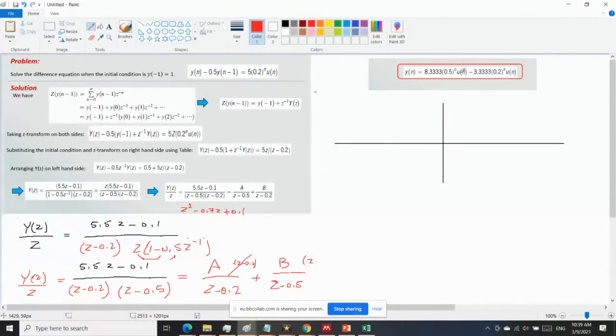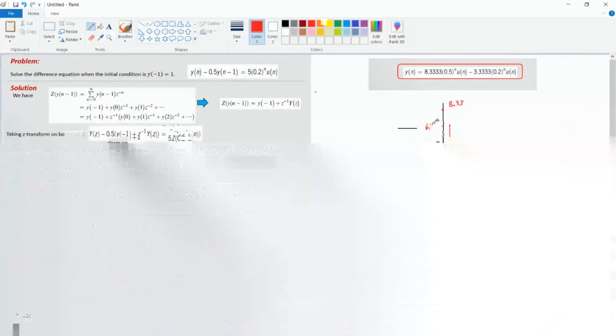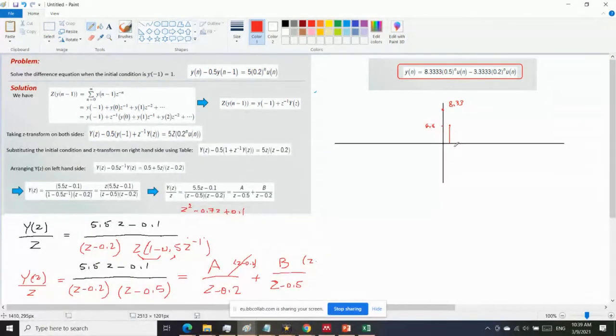At 0 it's going to be 8.33. At 1 it's going to be half of this, so it's going to be 4.16, or 60 and so on, and then it's going to be a quarter.